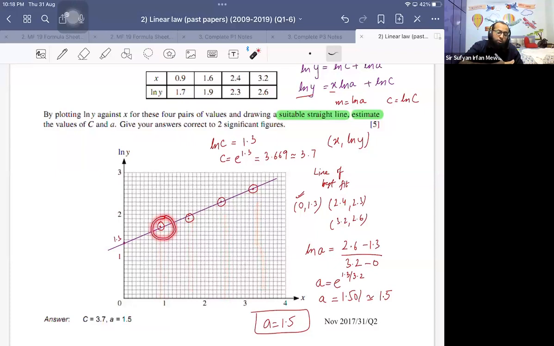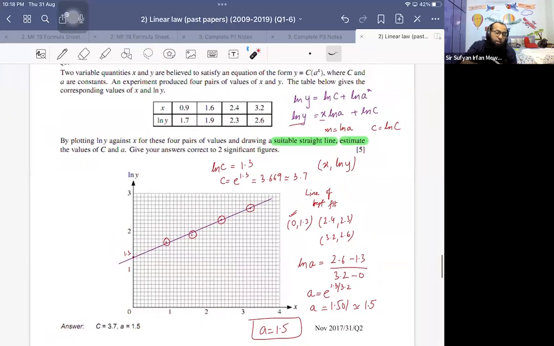If we plot all 4 points and draw a straight line, that particular line will pass through the y-axis at 1.3. So it's possible that someone's line passes through 1.4, someone's through 1.2, 1.25, 1.35. Different answers are possible.